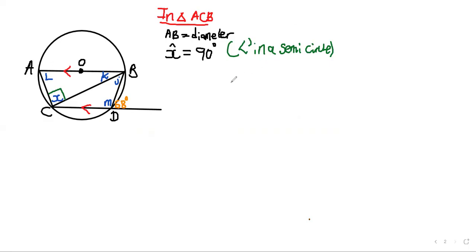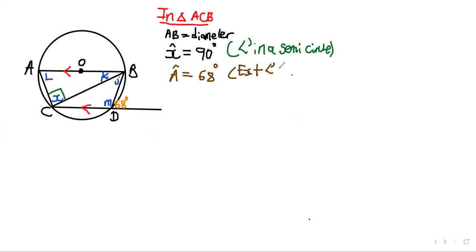So I'm going to now say angle A equals what? It equals 68 degrees. So this is the exterior angle of a cyclic quad.